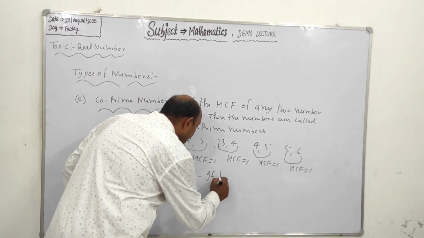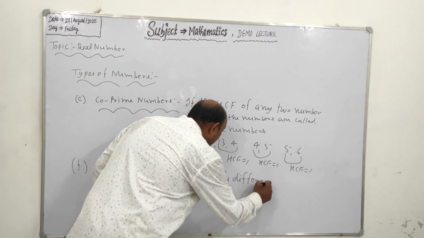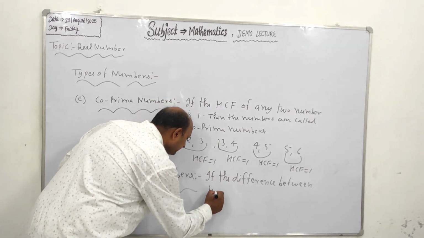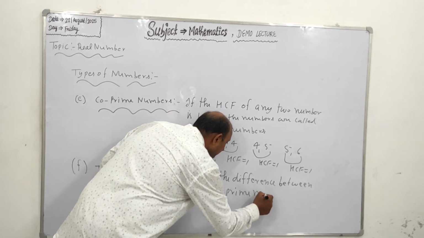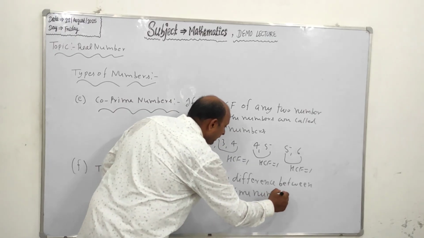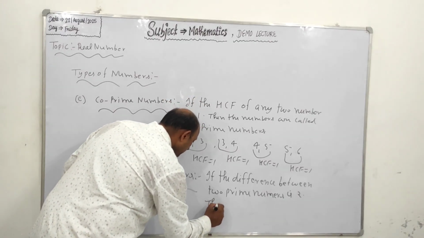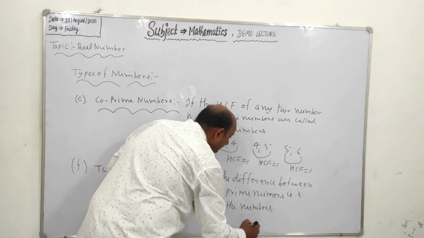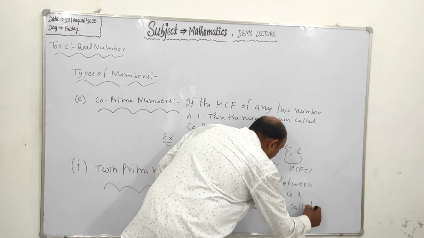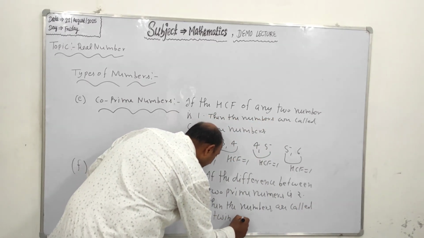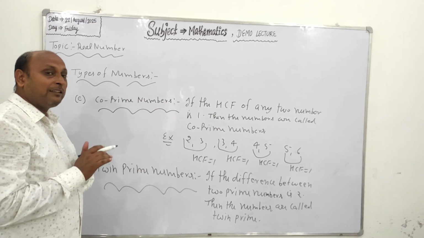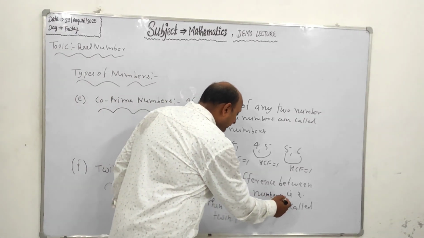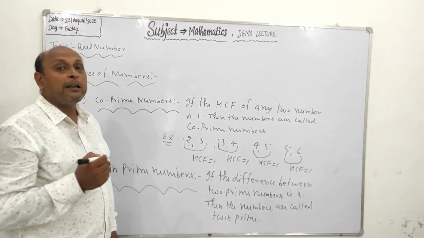If the difference between two prime numbers is 2, then the numbers are called twin prime numbers.